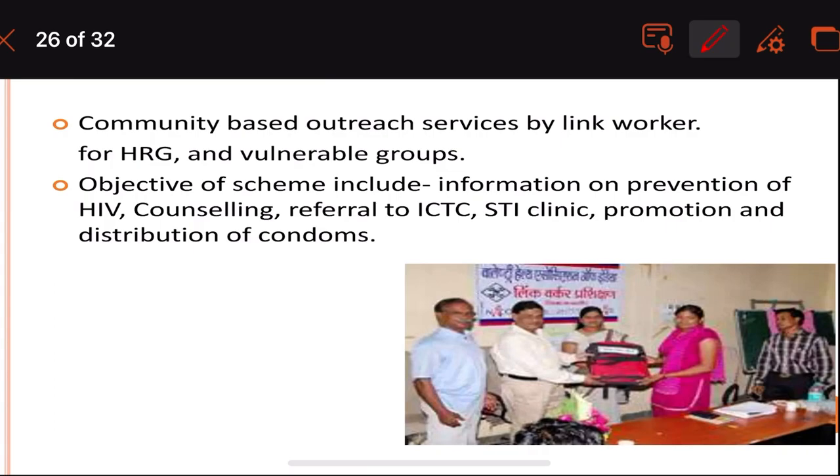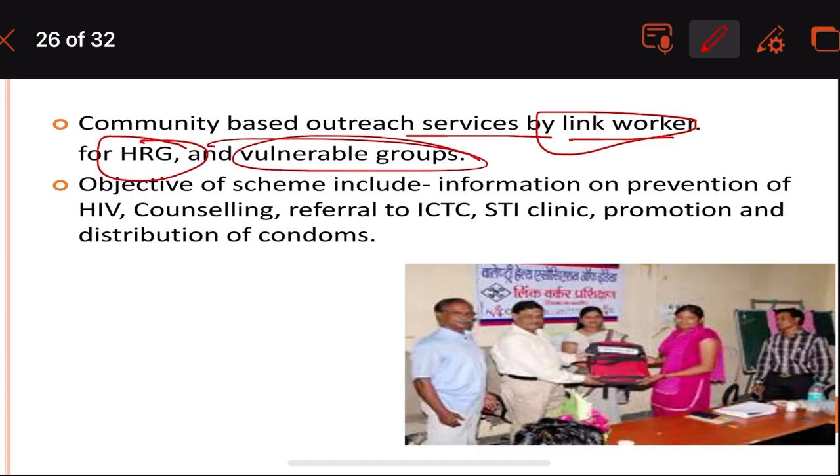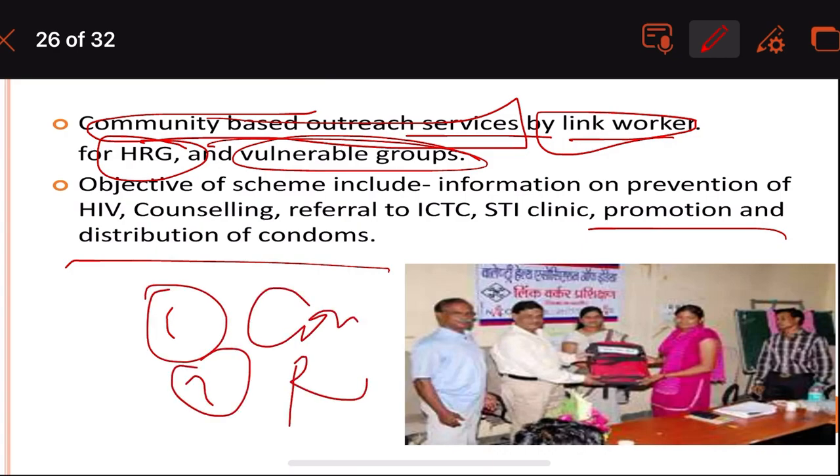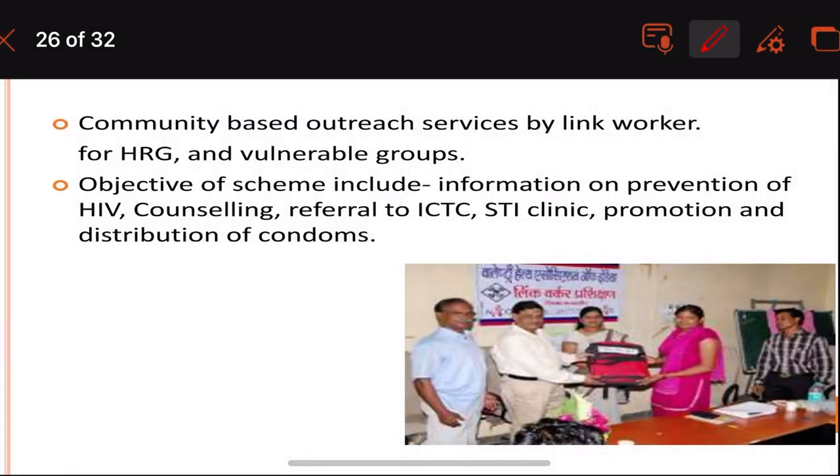So very simple, link workers provide community based services, wherein there is promotion and distribution of condoms, referral services, HIV testing and counseling, prevention of HIV, and providing information.